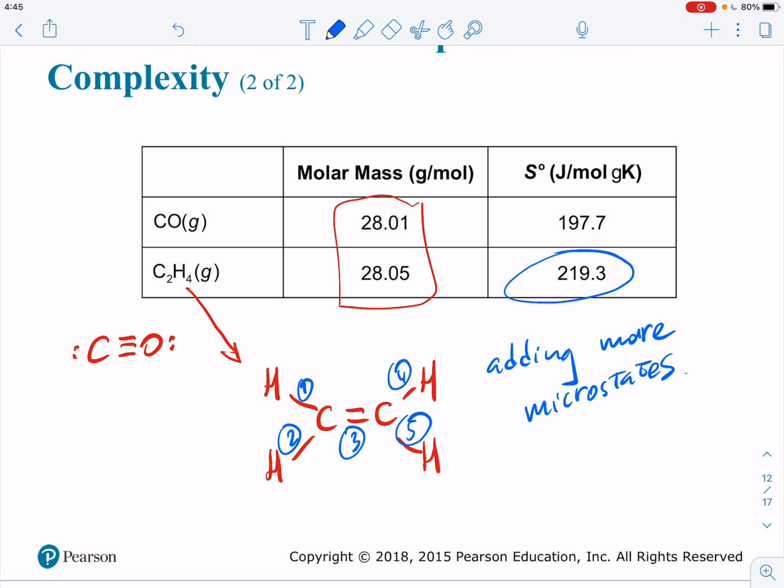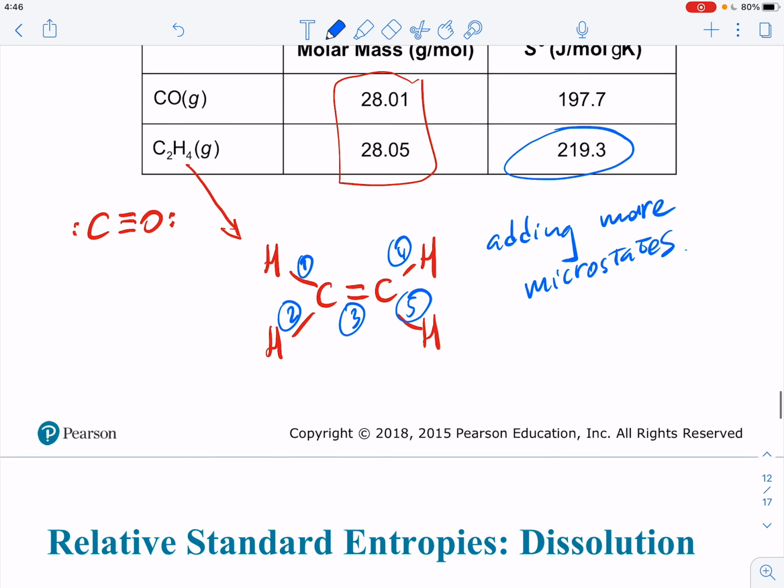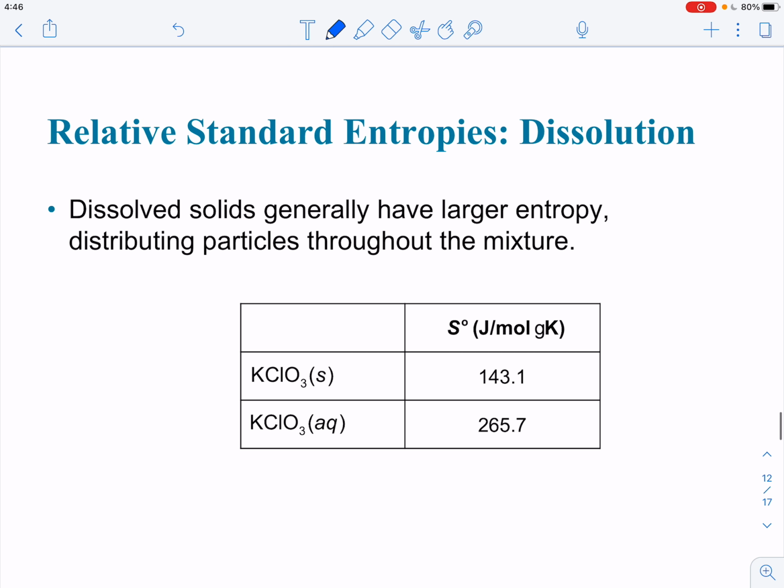So remember, the things that will control the absolute entropy: the molar mass, the different allotropic forms, the complexity of the molecule, and what else? We have here the solution. In this case, we are looking at the same substance, potassium chloride, but we are looking at the solid compared to the dissolved one.